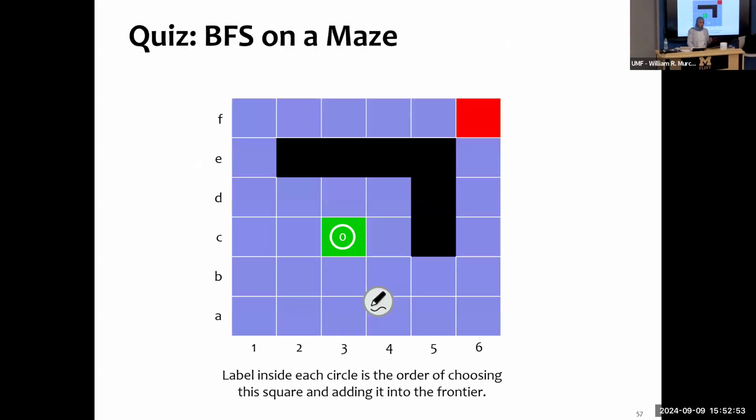Now I will leave you with this example, which is BFS on a maze. Try to think. For those online, pause and think how you are going to reach the goal. And here we are going to think together. This is our initial state, and this is our goal, okay?